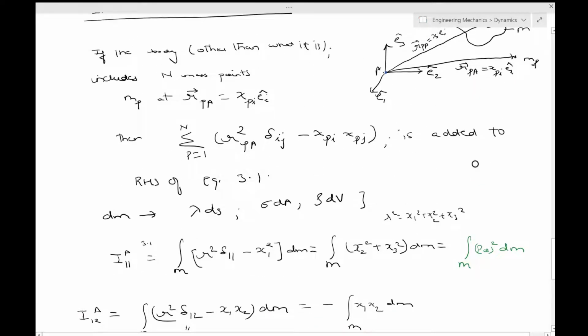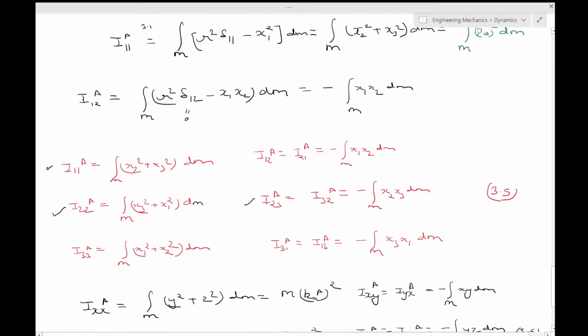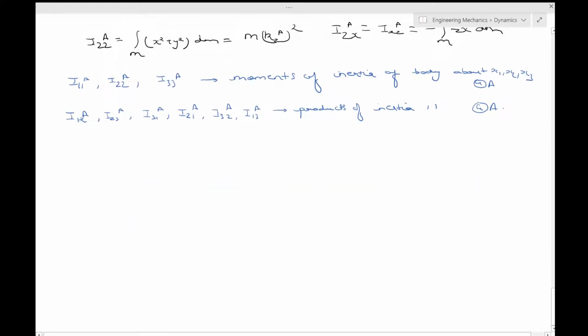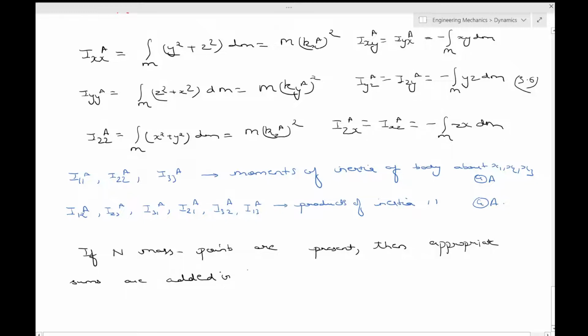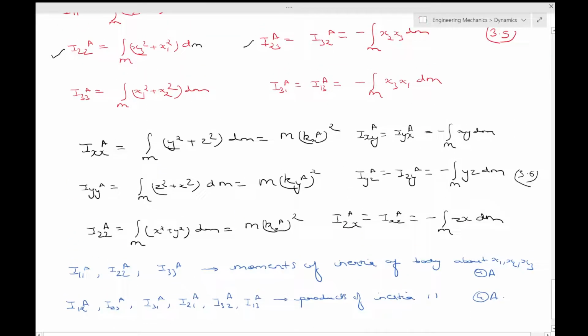So if there are n mass points present, then appropriate sums are added in equation 3.5, okay, this is 3.5 in red.